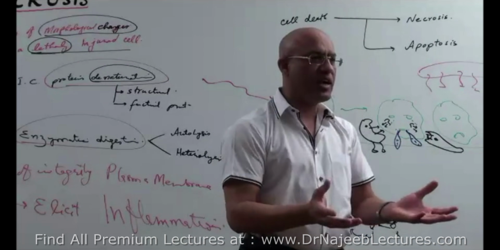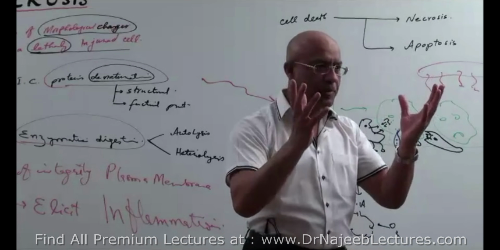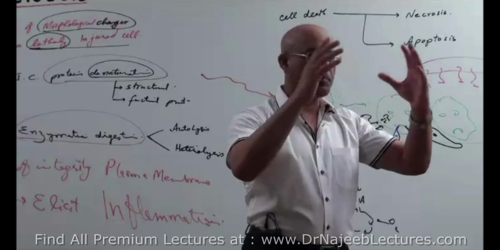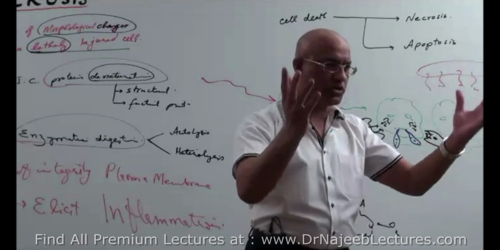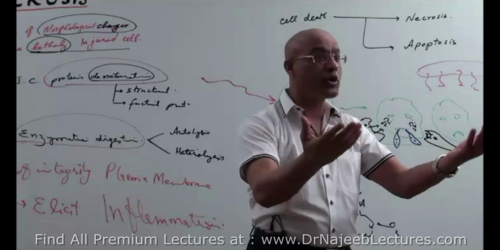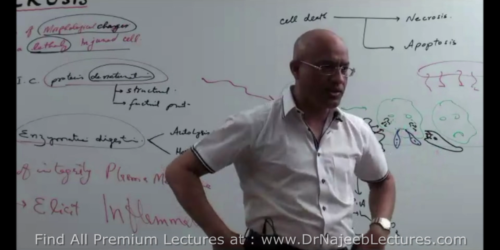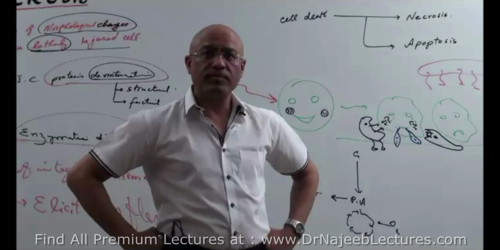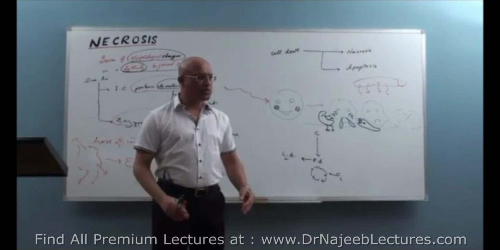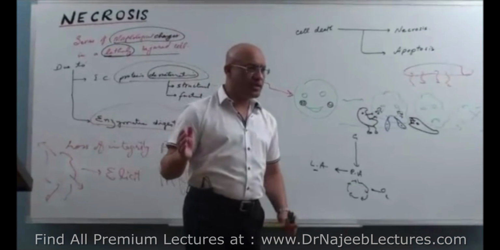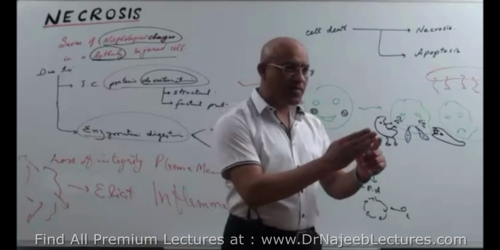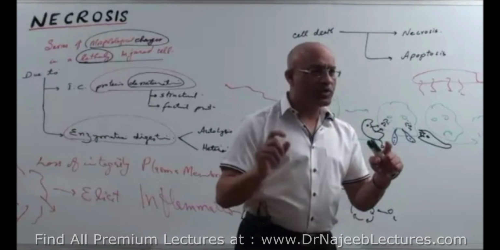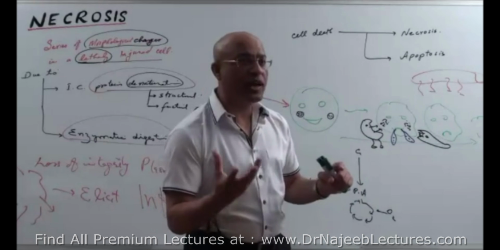All these changes happen when a cell, and of course in necrosis usually there are many cells, a necrotic tissue, is undergoing morphological changes. Now, as we discussed, necrosis is basically changes occurring in a lethally injured cell. These changes don't occur suddenly.